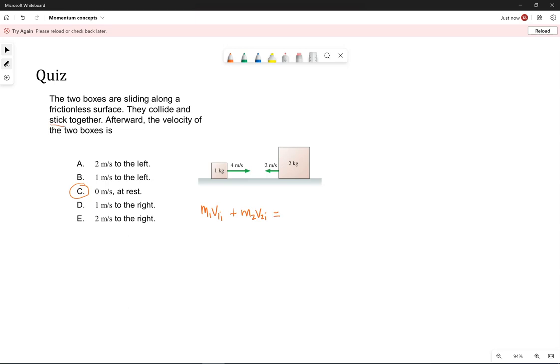Again, the problem says they stick together, so that means we can consider them as one mass with some final velocity. Well, box 1 has a mass of 1 kilogram. It's traveling at 4 meters per second to the right. Box 2 has a mass of 2 kilograms, but it is moving at 2 meters per second to the left. So remember, momentum is a vector.